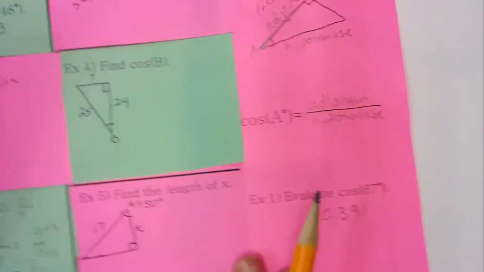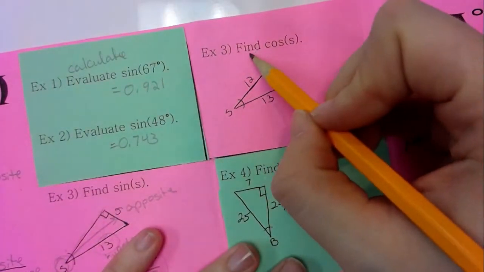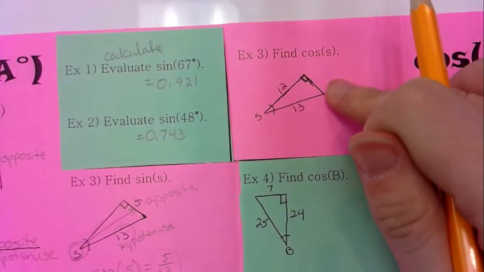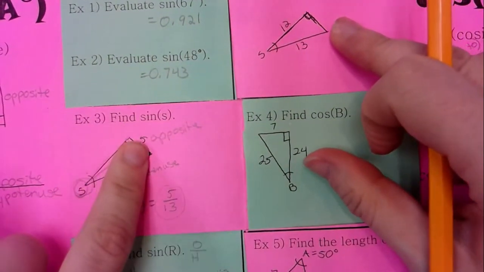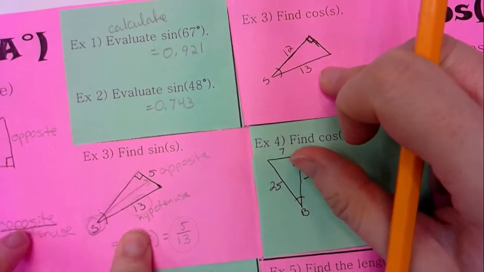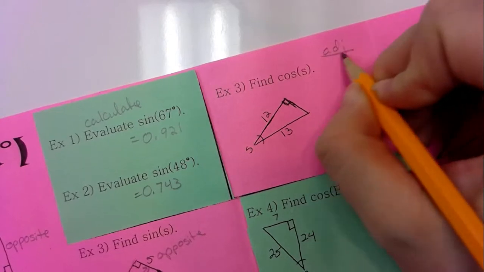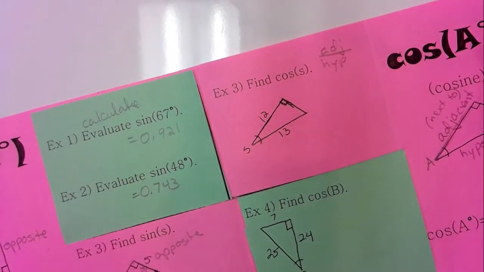So let's try some others. Example 3, find cosine of S. This is kind of like these problems here. We have a triangle. We have the side lengths that we need. We just have to write the ratio. So I'm going to be writing the adjacent side over the hypotenuse.